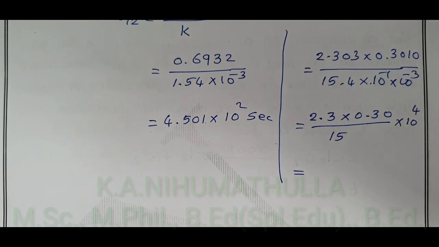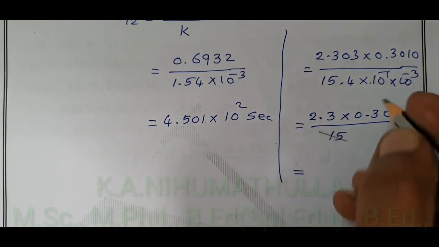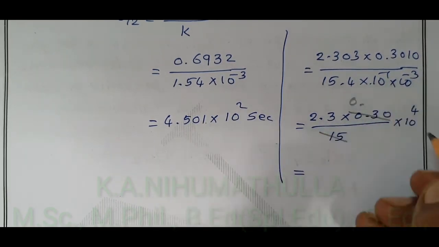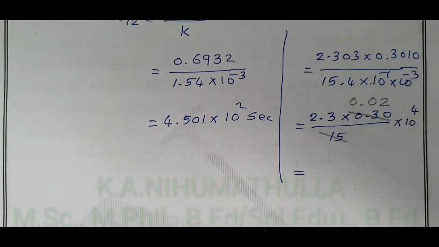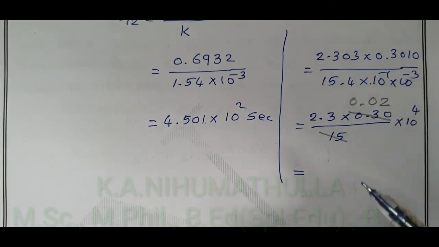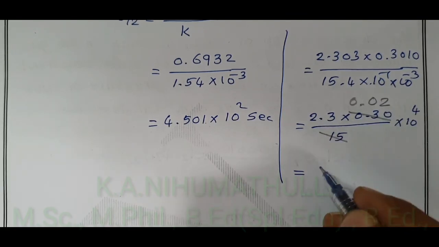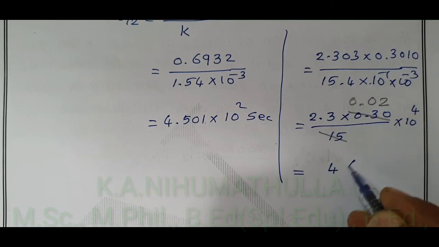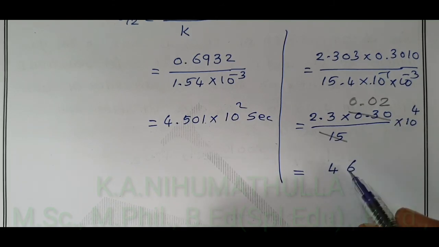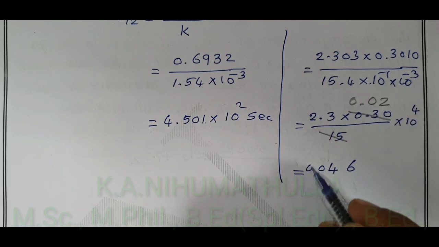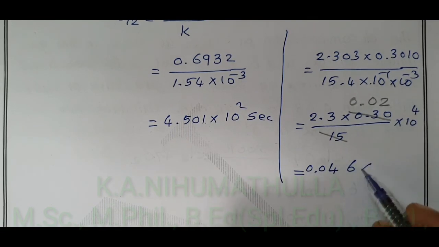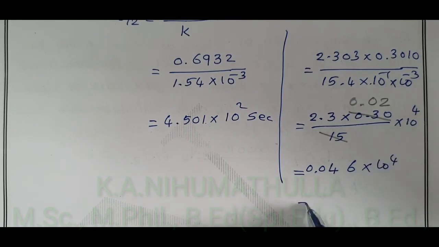now we can cancel. 1 15 is 15, 0.02, 2 15s are 30, and multiply 2 and 2.3, it will give 4.6, totally 1 to 3 digit. 0.046 into 10 power 4, in scientific method we can also write 4.6 into 10 power 2 second.